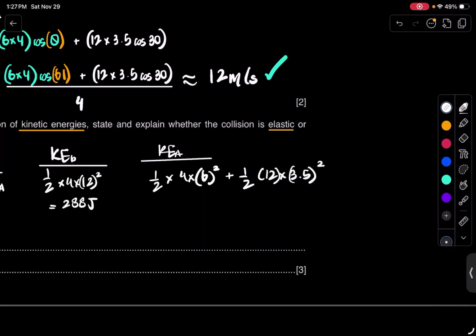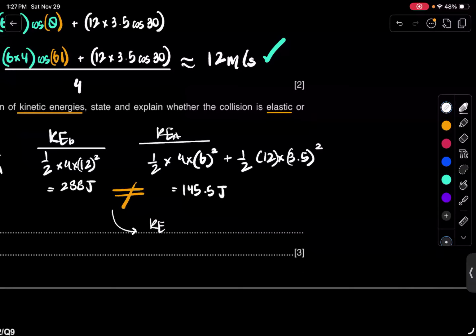So that's 0.5 into 4 into 6 squared plus 0.5 into 12 into 3.5 squared, which equals 145.5 joules. And there you have proven it. Because kinetic energy before is not equal to kinetic energy after. Thus, inelastic collision.